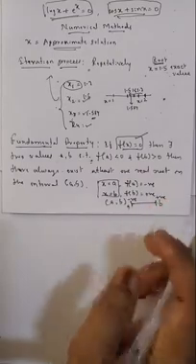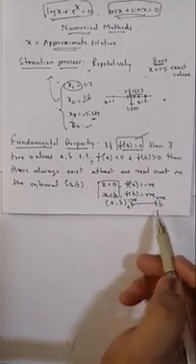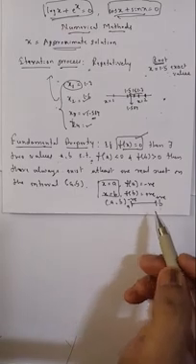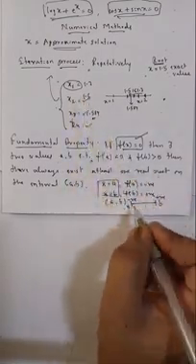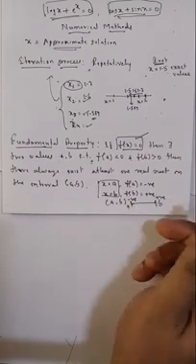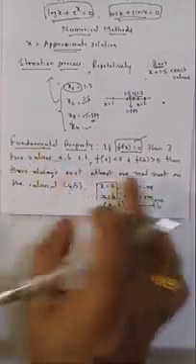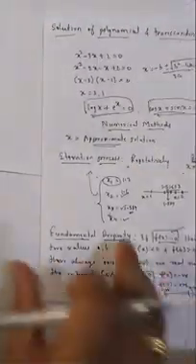Then we consider this a, b as an interval. Then when we apply the numerical method, the value of x we get lies between this a and b. This is what we call the fundamental property.